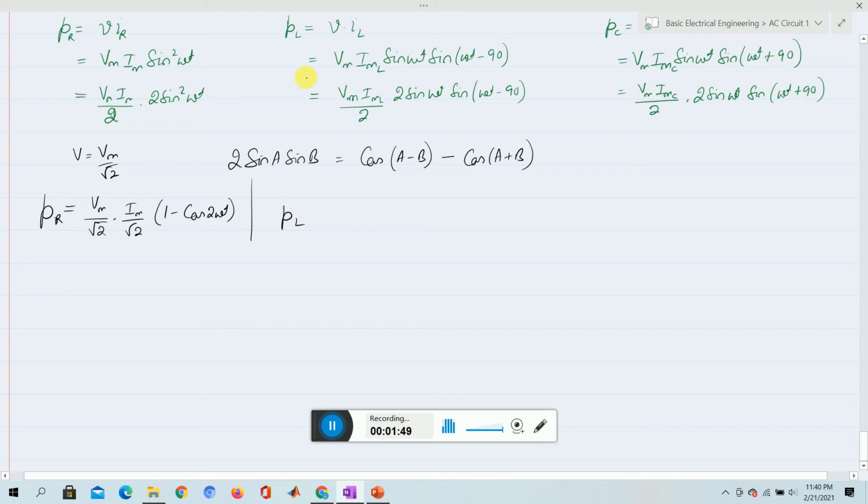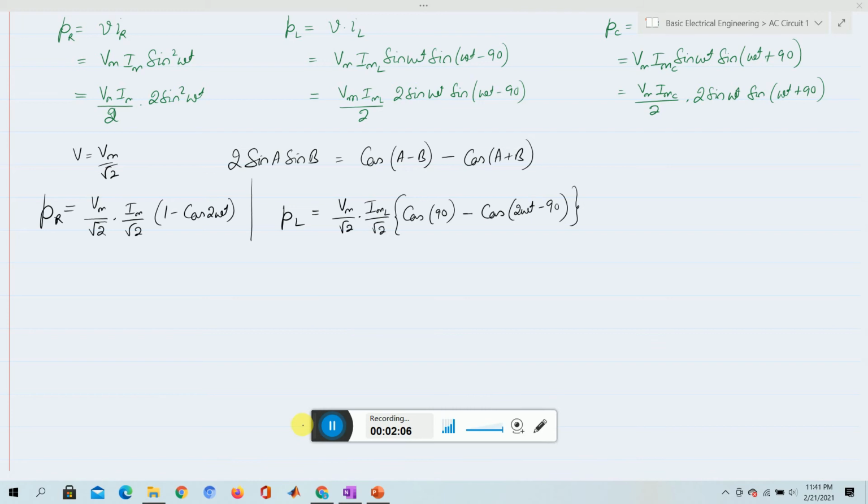Similarly for the power PL across the inductor, this is equal to VmIm by root 2 into root 2. PL is equal to cos of A minus B minus cos of A plus B. Obviously this term will be 0, since it is cos 90.